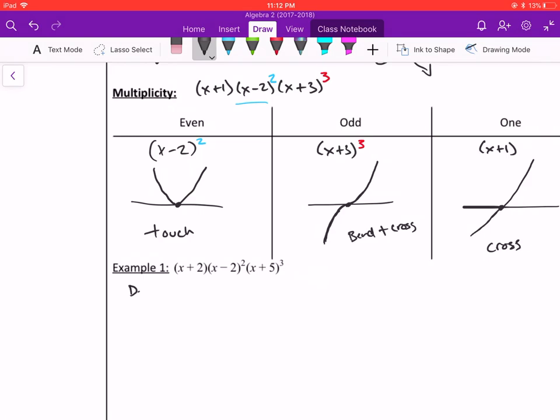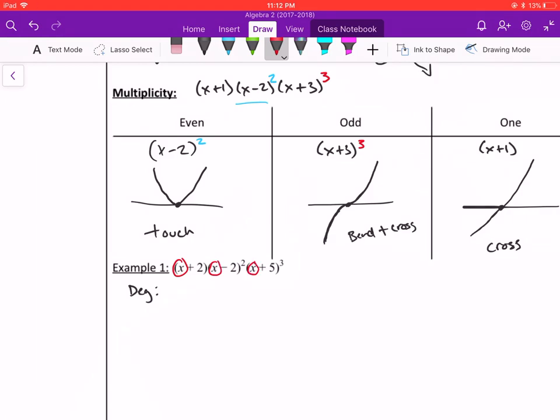Find the highest degree. Remember, all of these factors are being multiplied. So the way to find your highest degree, look at all your exponents. These are your leading terms, the x's of each parentheses.